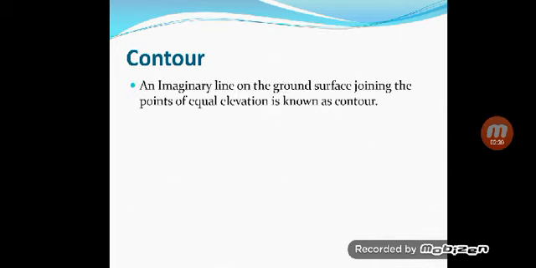As we can see, it is an imaginary line that joins the points of equal elevation, means the points which will have the same elevation. The line which joins these points is called a contour line.